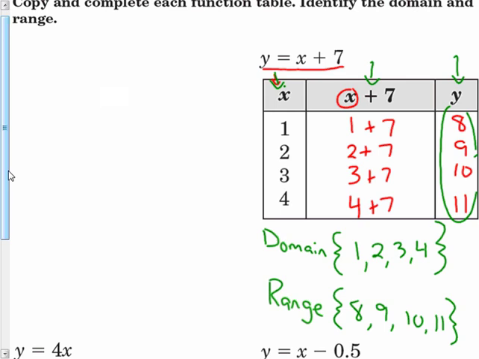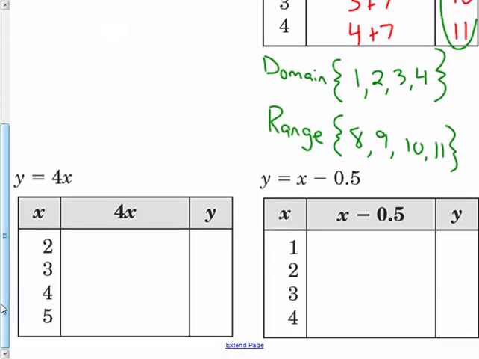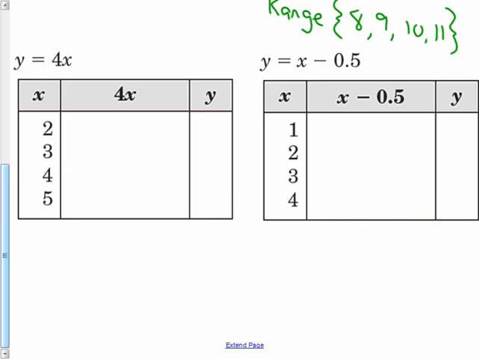Now we can also do this with multiplication. Here's an example of a function table with multiplication. This time my function is y equals 4x. So I'm going to use the inputs 2, 3, 4, and 5 and do the function 4 times x. If x is 2, then the problem becomes 4 times 2, and 4 times 2 is 8.